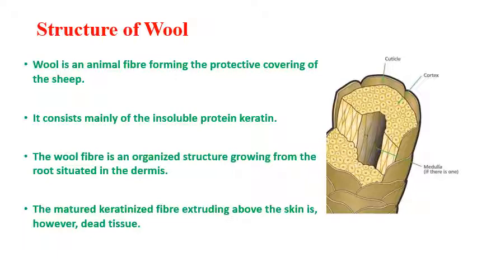Though it is growing from the dermis layer below the skin, once it comes out from the skin, it is actually a dead tissue. So here in the picture you can see the structure of a fiber. Basically it has three components, that is the cuticle, cortex and medulla, which we are going to learn in more detail next.